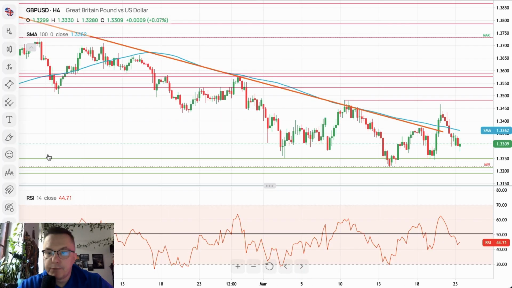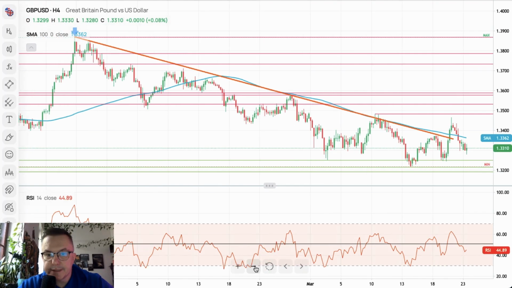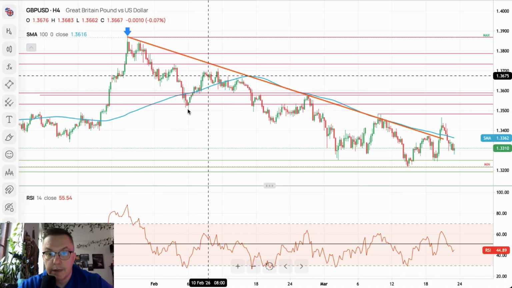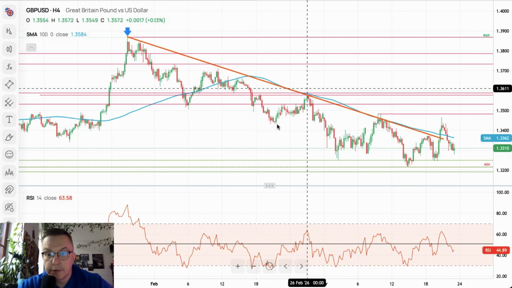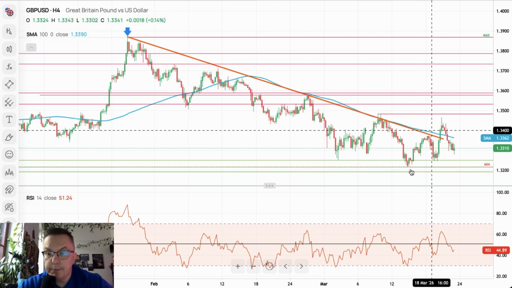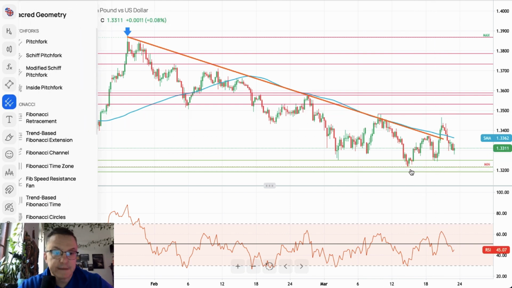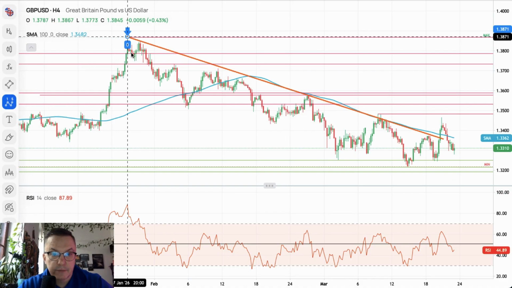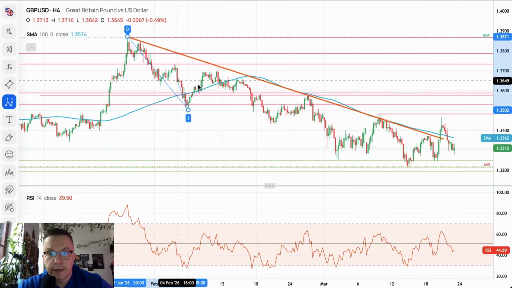Now, British pound, maybe the same situation can be applied here. 1 2 3 4 5, there you go. Wave 1, wave 2, 1 2 3 4 5, that would be wave 3, ABC to the upside, wave 4. Let me just place this Elliott wave situation here. Wave 1, obviously.